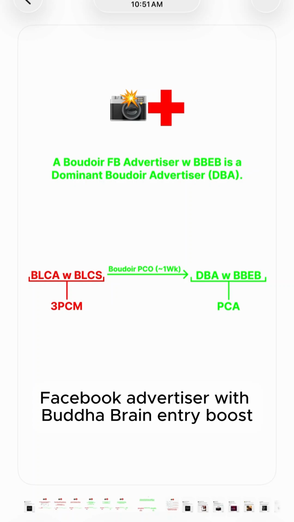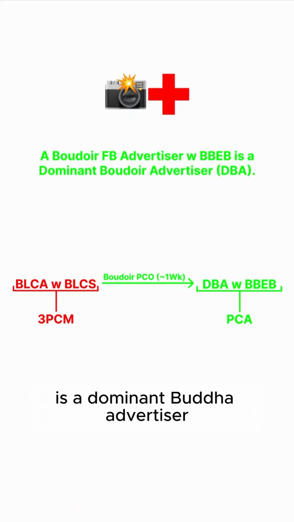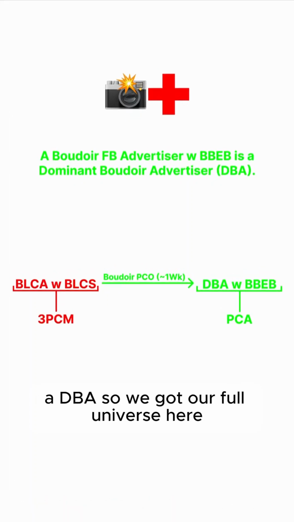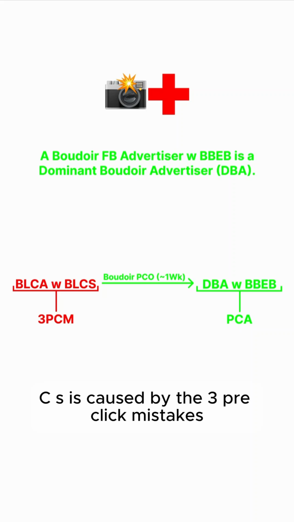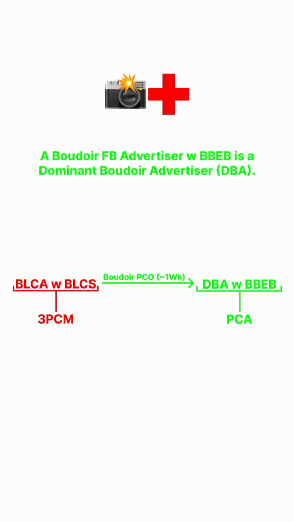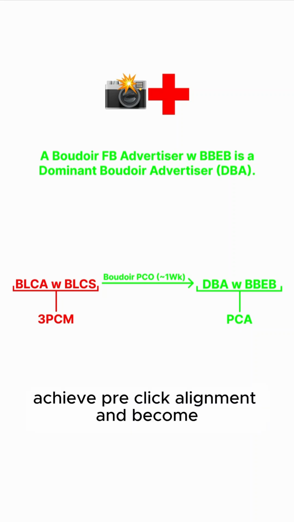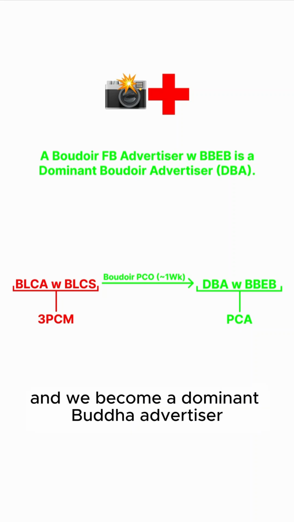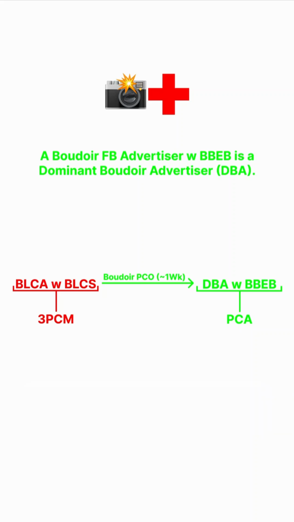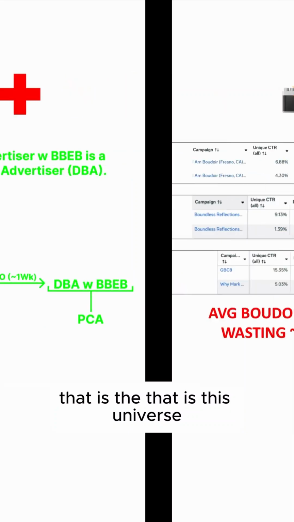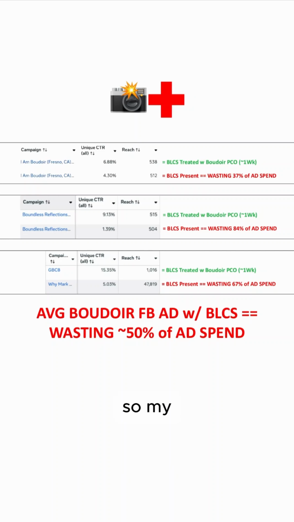And a Boudoir Facebook advertiser with Boudoir brain entry boost is a dominant Boudoir advertiser, a DBA. So we got our full universe here. A BLCA with BLCS is caused by the 3 pre-click mistakes. It's easy, treated with Boudoir Pico, takes about a week. Achieve pre-click alignment and we become a dominant Boudoir advertiser with Boudoir brain entry boost. That is this universe.